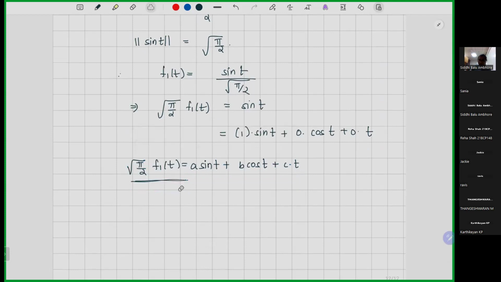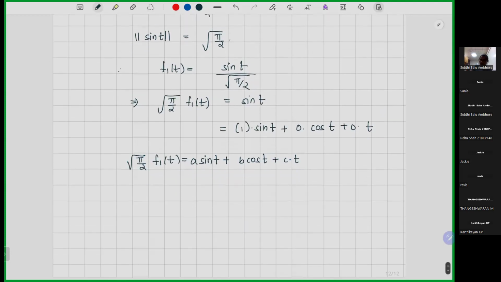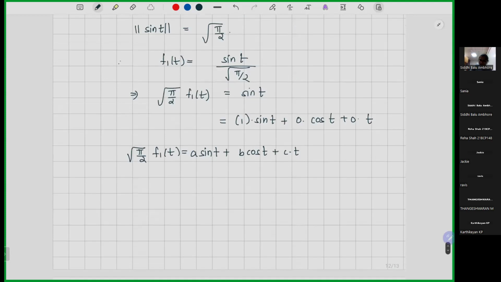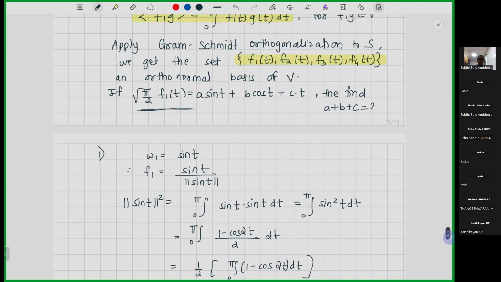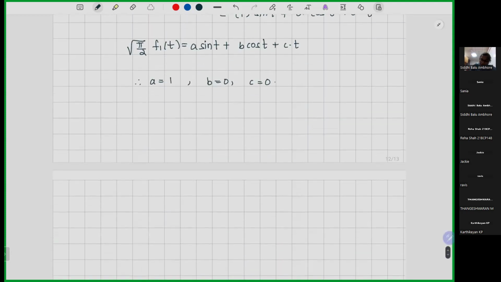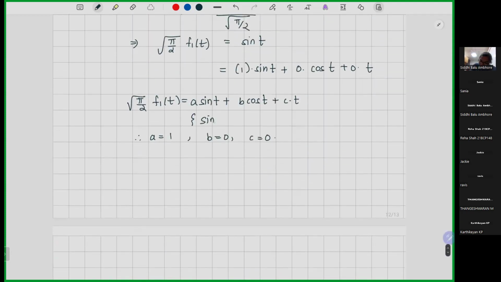Therefore a will be 1, b will be 0, and c will be 0. And why could I do this? Because this set sin t, cos t, 1, t is a basis of V. So that's why I could write this.